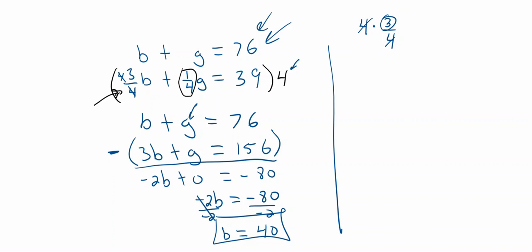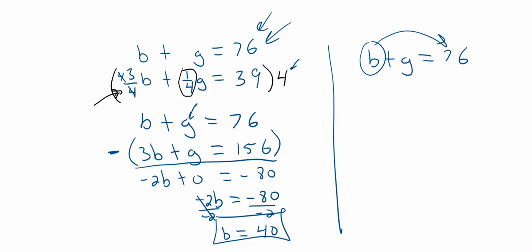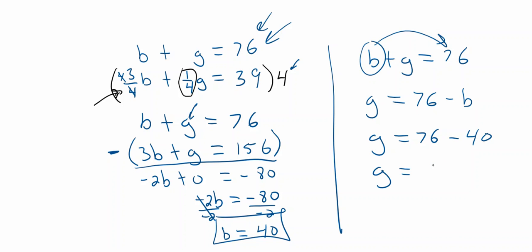B plus G was equal to 76. I'll rearrange for G and bring the B over. So G is equal to 76 minus B, so G is equal to 76 minus 40. So G is equal to 36.